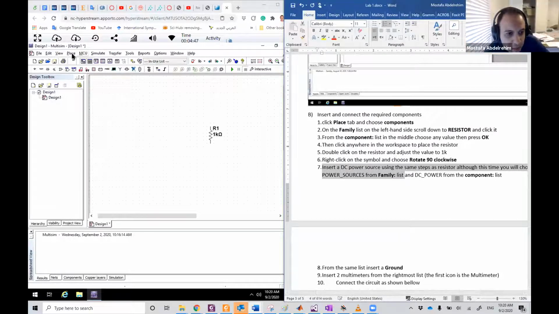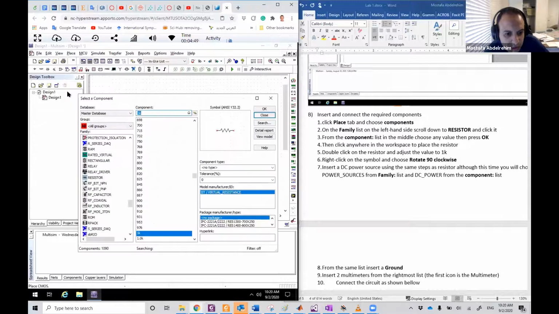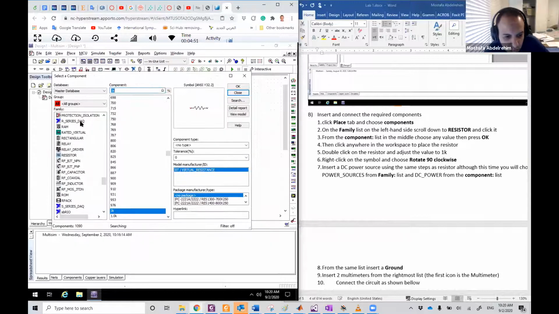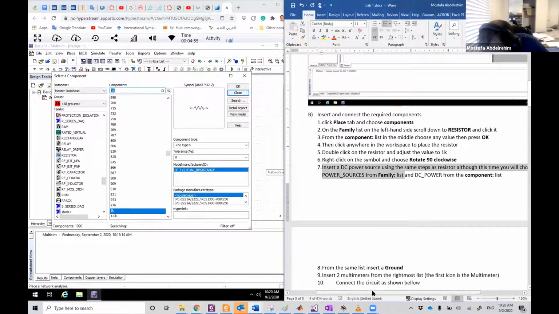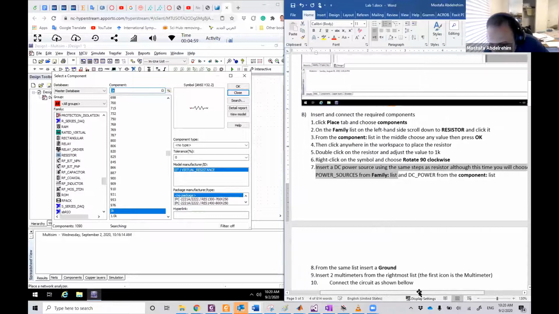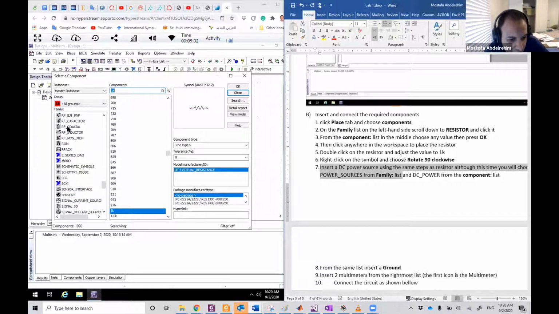So place component again, then go to family, and now choose from family power sources. So it's B. Where is power?